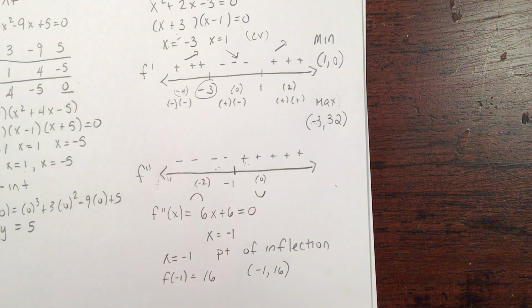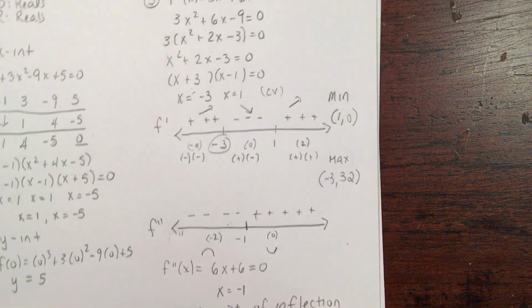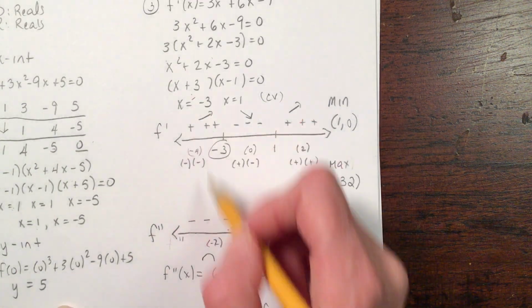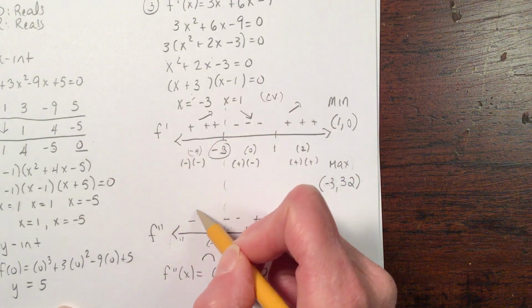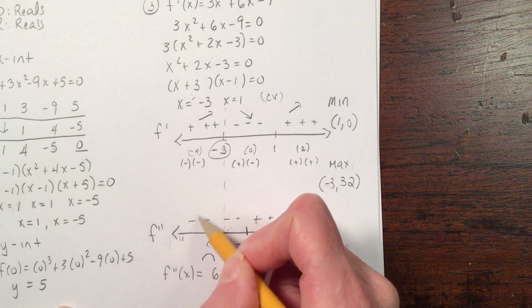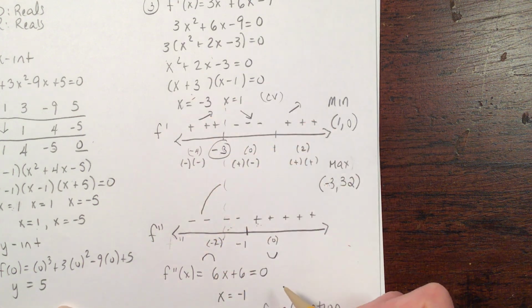All right. So now I have all of my basic information, and I want to sketch this thing. Now here's where this is kind of hard to understand. But basically what's happening here is my curve, from -infinity to -3, is increasing and concave down.